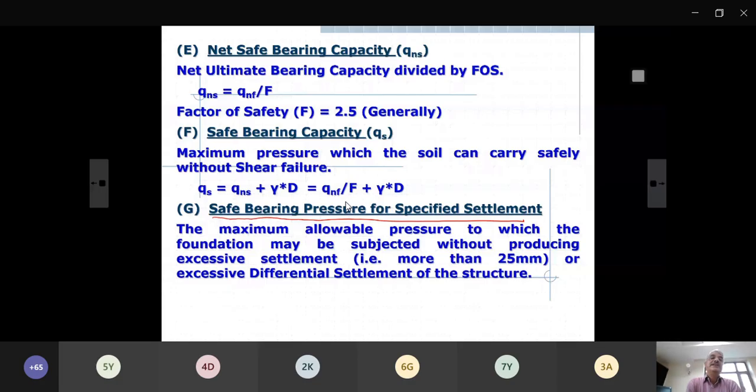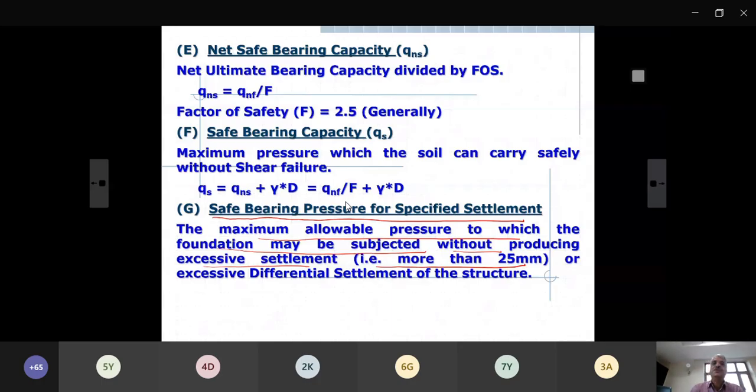Now we will see safe bearing pressure from settlement point of view. So the maximum allowable pressure to which the foundation may be subjected without producing excessive settlement. Now this settlement generally we take 25 mm total, but it depends on what type of structure it is, and there is a concept of angular settlement also. We'll see as we go to open foundation.